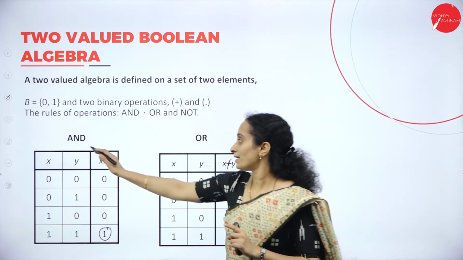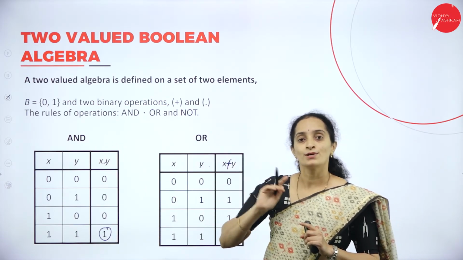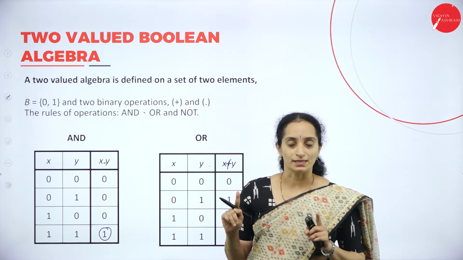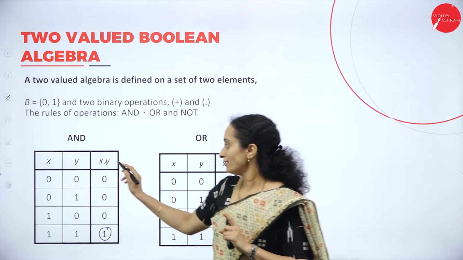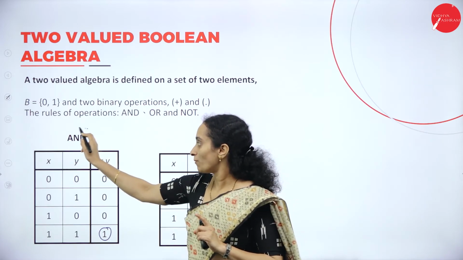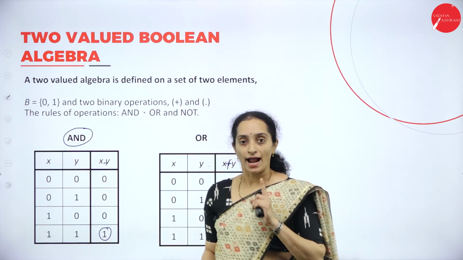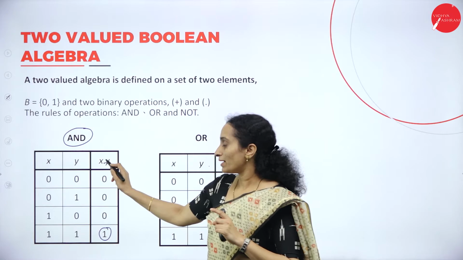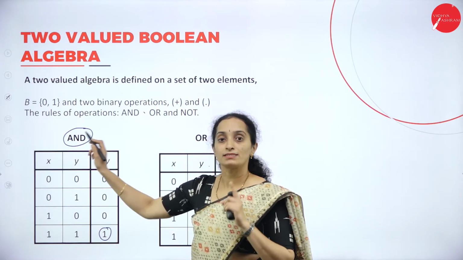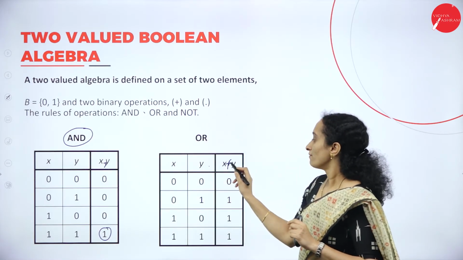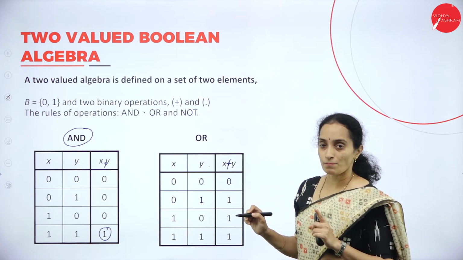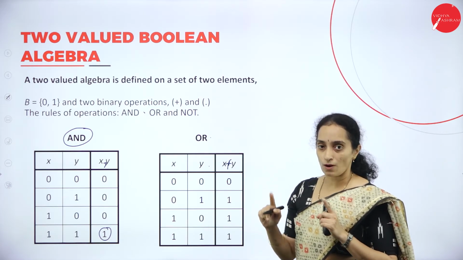You need to remember these operations throughout the subject. Remember again, the dot operator, or the multiplication operator, represents the AND operation, whereas the addition operator represents the OR operation.